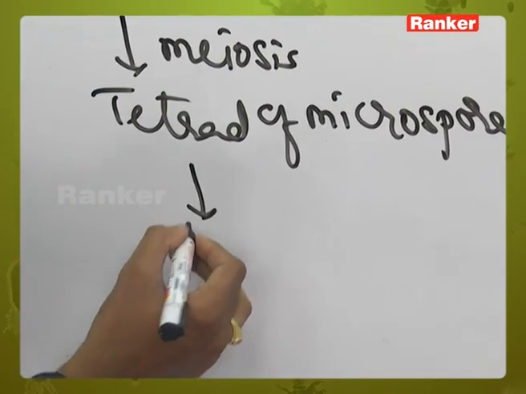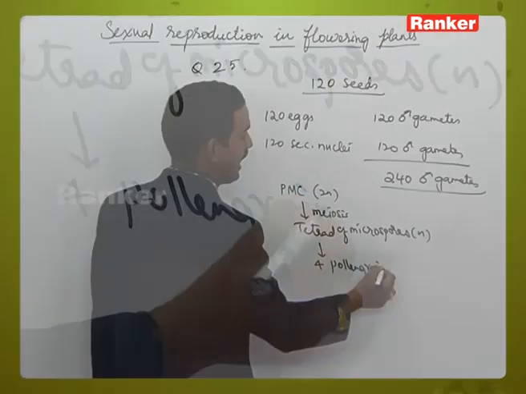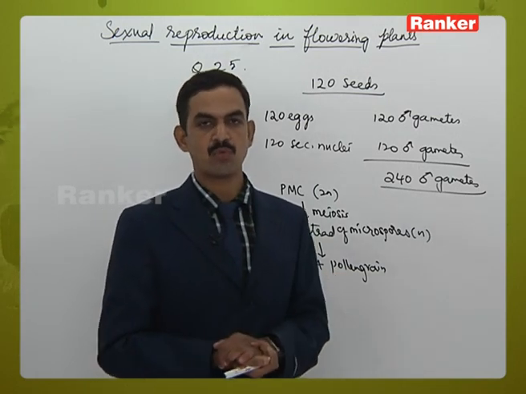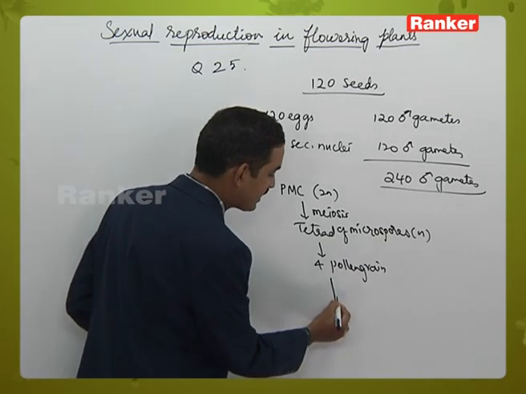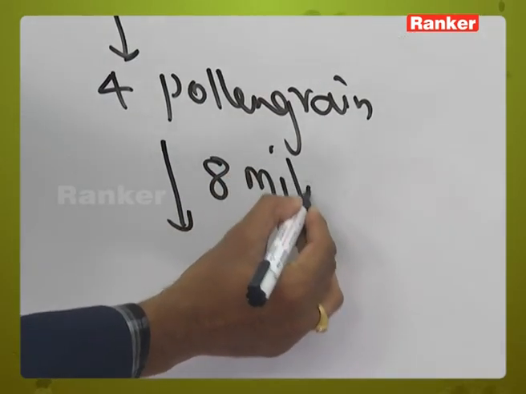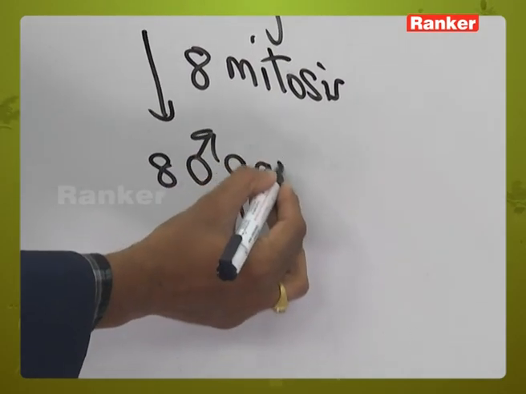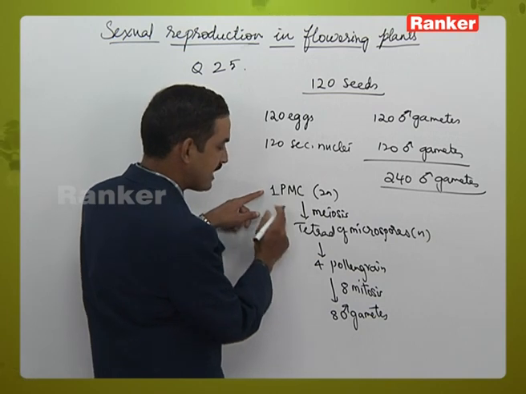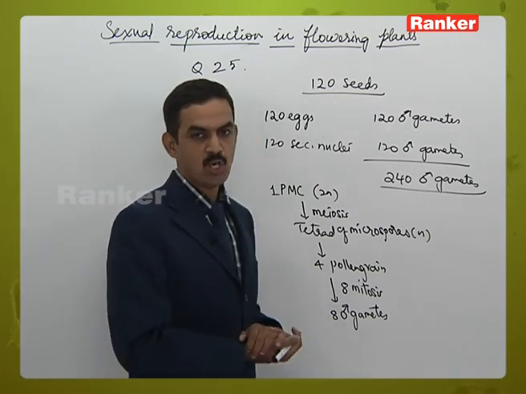These microspores will form 4 pollen grains, and each pollen grain will undergo 1 mitosis to form 2 male gametes. Based on that, we can say that a total of 8 mitosis will take place to produce 8 male gametes from 4 pollen grains. That means one pollen mother cell is giving rise to 8 male gametes by 8 mitotic divisions.